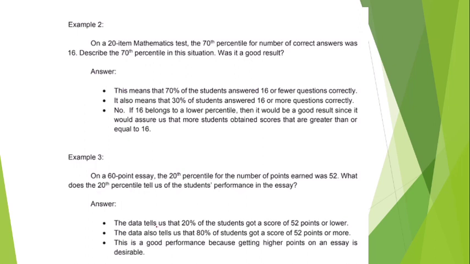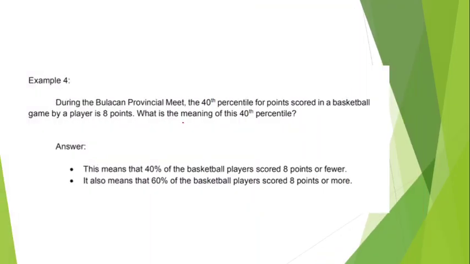The data also tell us that 80% of students got a score of 52 points or more. This is a good performance because getting higher points on an essay is desirable.